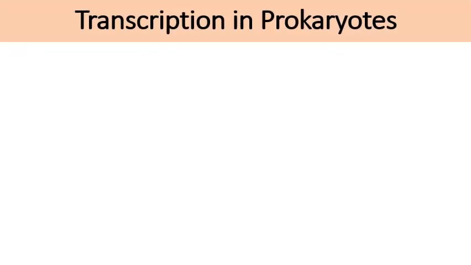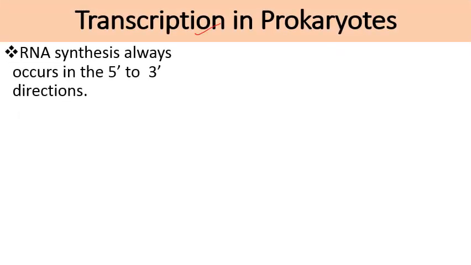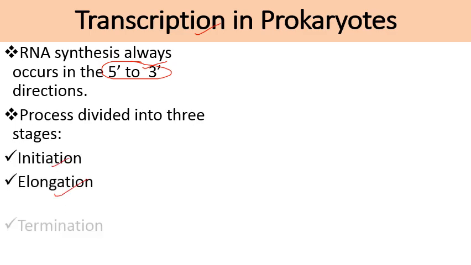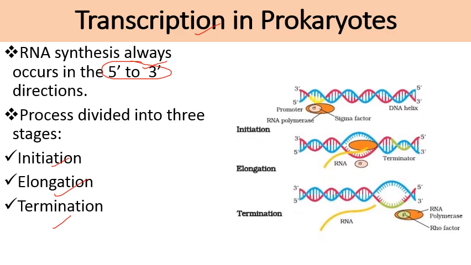Next, transcription in prokaryotes. This RNA synthesis always occurs in the 5' to 3' direction, and this process is completed in 3 steps. First one is initiation, then elongation, and termination. In initiation, RNA polymerase attaches itself to a specific region of the DNA, which is known as the promoter, and forms the initiation complex.